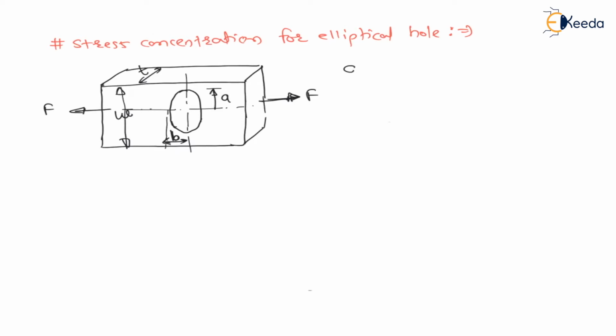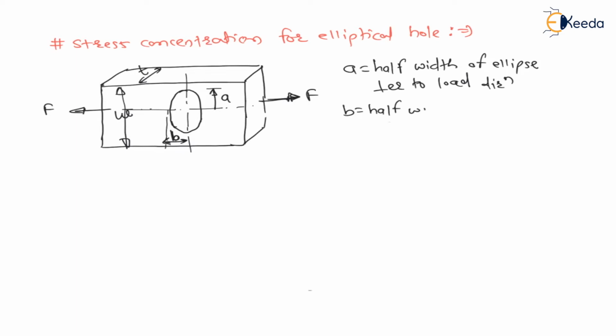Here a is the half width of the ellipse perpendicular to the load direction, and b is the half width of the ellipse parallel to the load direction. This nomenclature is very important.